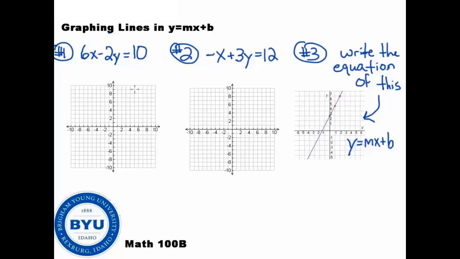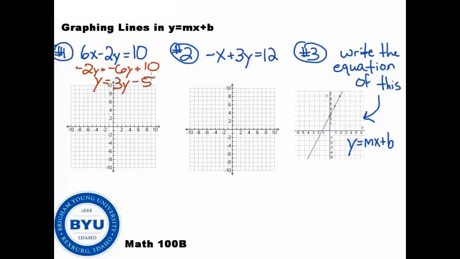Okay, let's go ahead and solve this for y. I'm going to subtract the 6x over. I get negative 2y equals negative 6x plus 10. I then have to divide by negative 2, so I get y equals positive 3x minus 5.